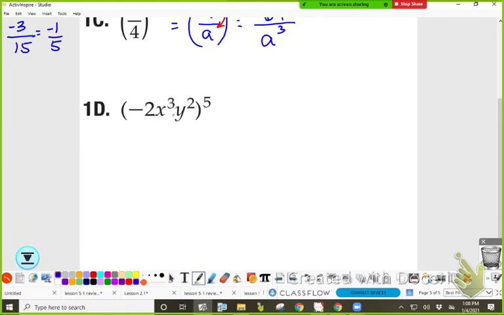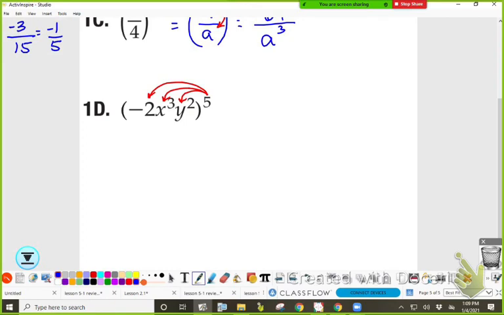In parentheses, you have negative 2x to the 3rd y squared raised to the 5th power. And just distribute your exponent to all 3 items. So negative 2 to the 5th power means negative 2 times itself 5 times.